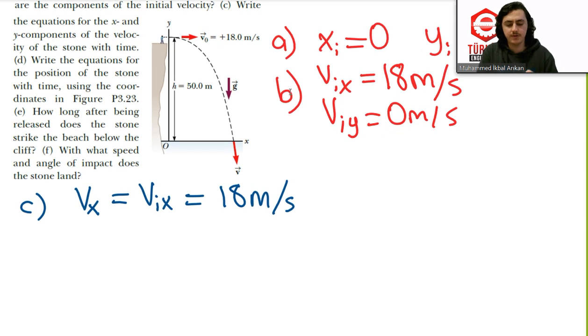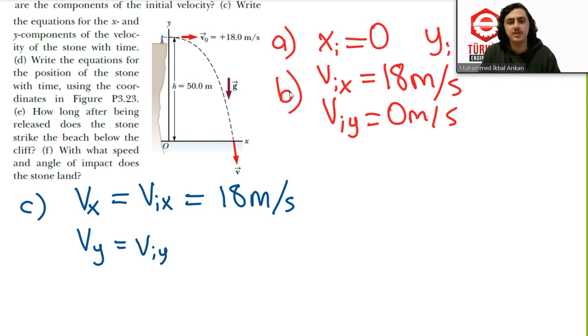What about the velocity in y, just as a function of time? Because it's asking for the equation for the velocities of the stone with time. Here the x component is not changing with time, so it is just a constant value. What about the velocity in y?